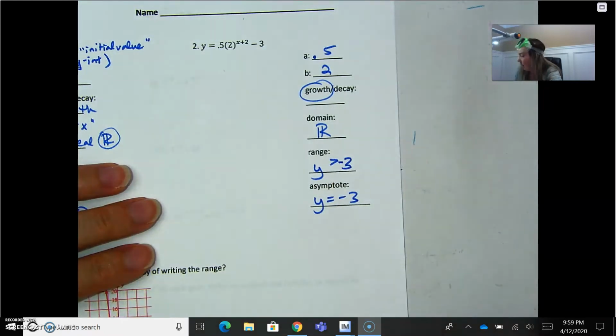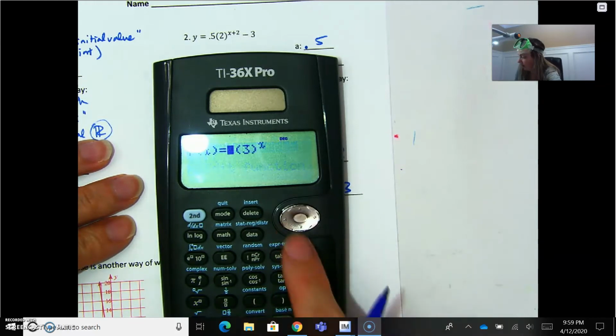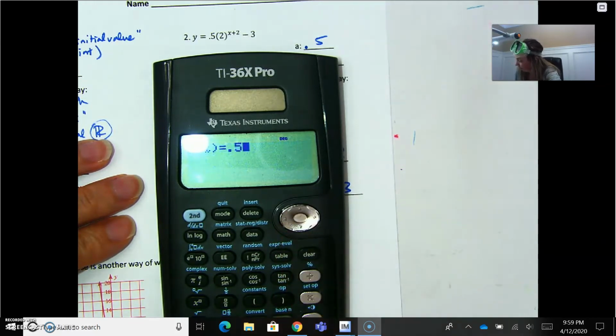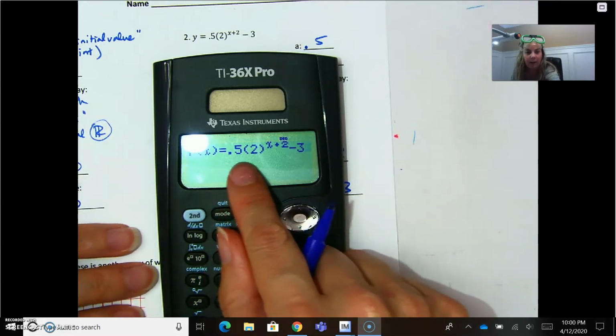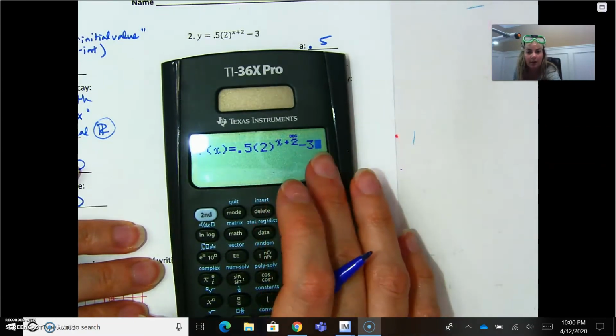All right, so let's get our calculator ready. Table, edit. So we've got 0.5 times parentheses 2 to the x plus 2, and then -3.